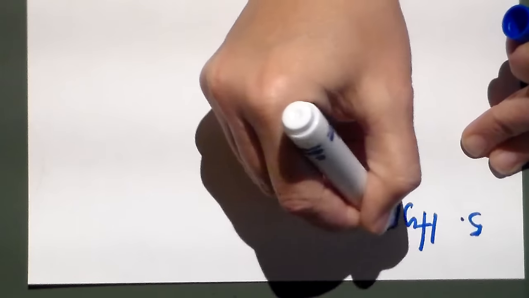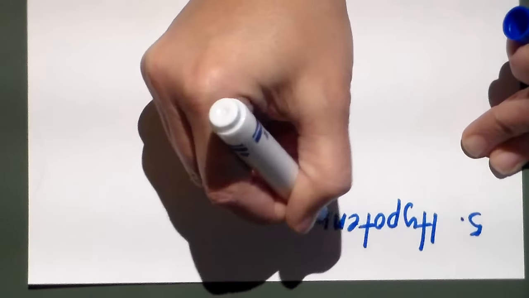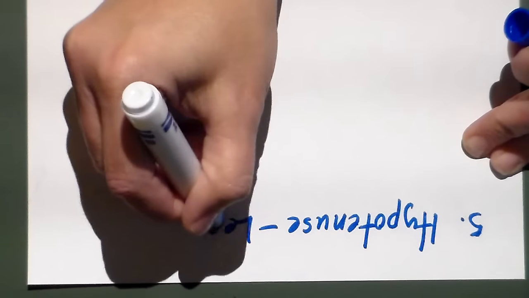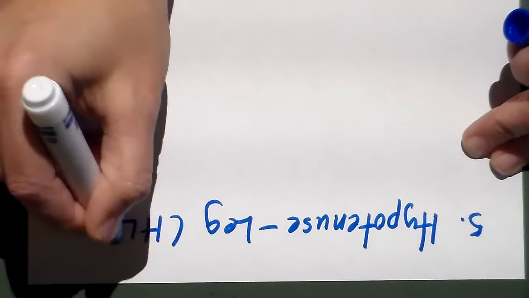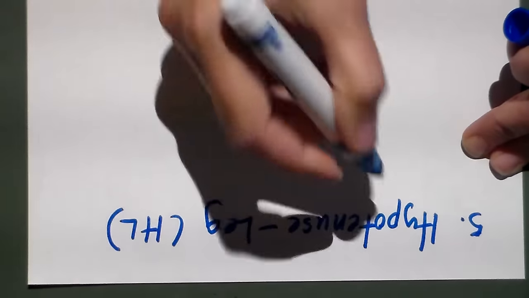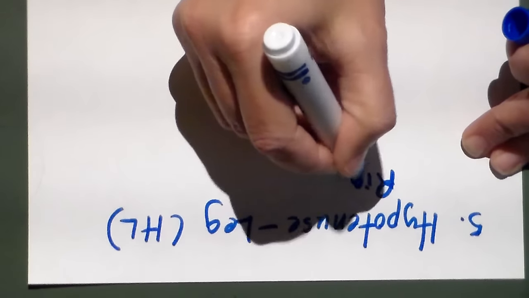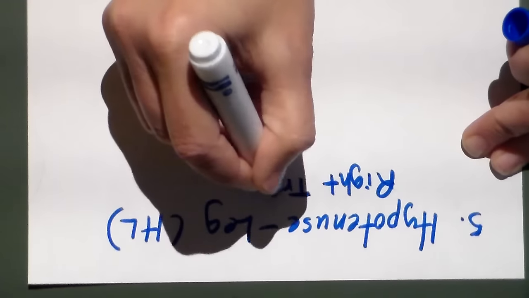Okay, the last one that we have is HL. Okay, HL is the very last one that we have. And HL is called hypotenuse leg, or HL. Now obviously if you see the word hypotenuse, this only applies to right triangles.